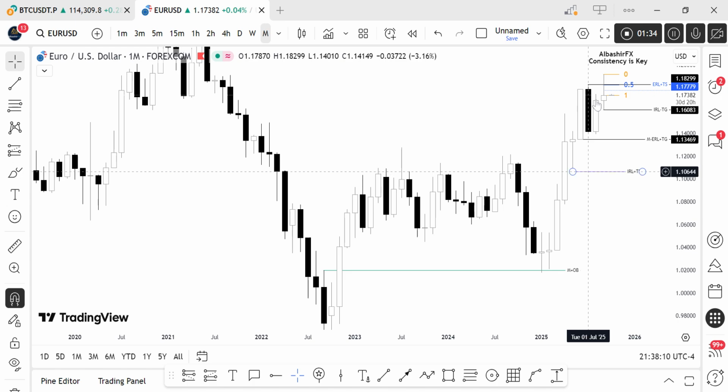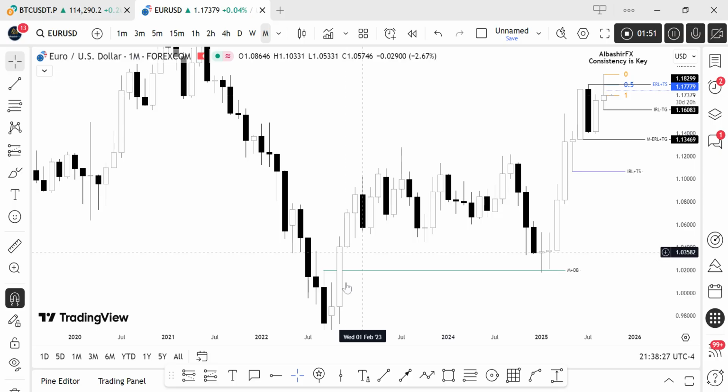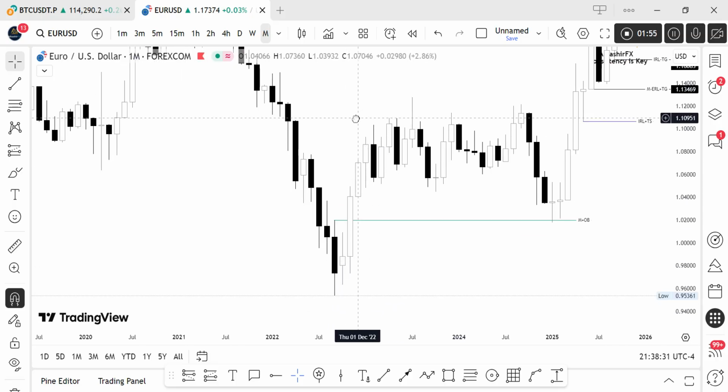Now, the weakness is not bearish completely. It is only a higher time frame retracement into a key level, or into discount, if you want to really say. We see that there is a pull from this low to this high.